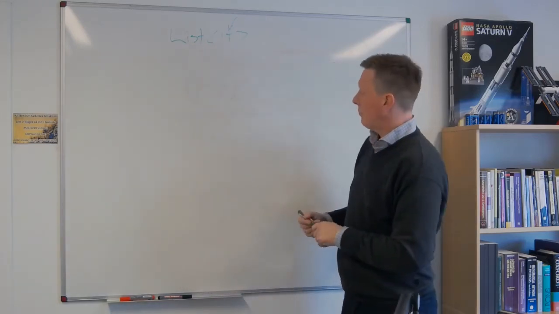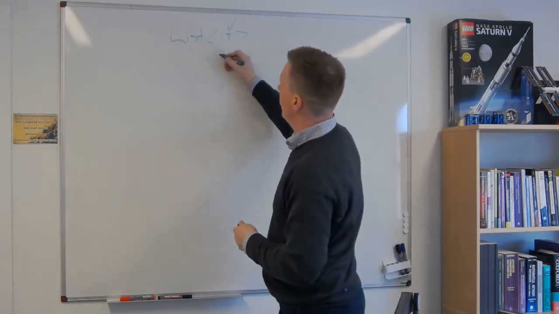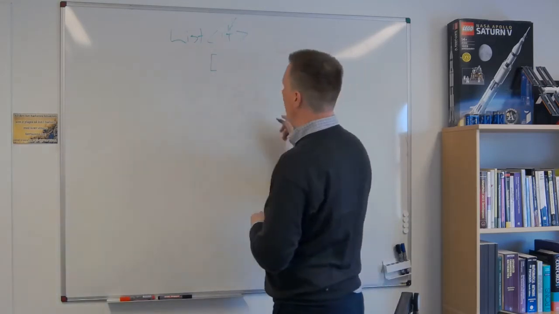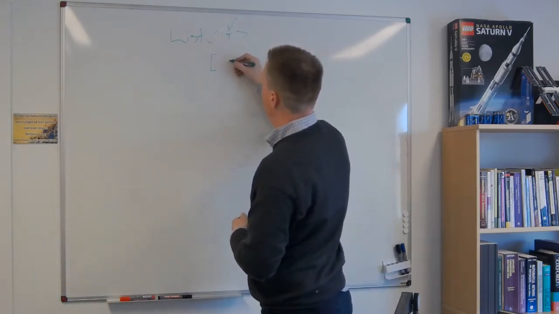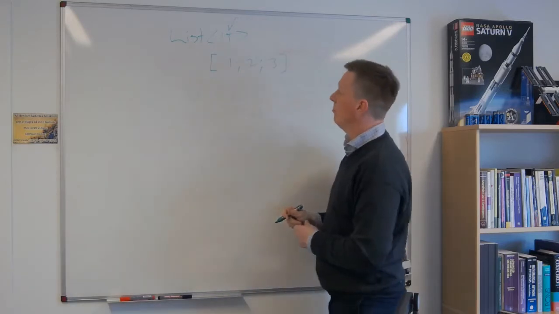And the list has, of course, syntactic sugar in F#, so instead of writing these complicated cons and nil, we can just write square brackets and element 1 semicolon 2 semicolon 3 and so on.